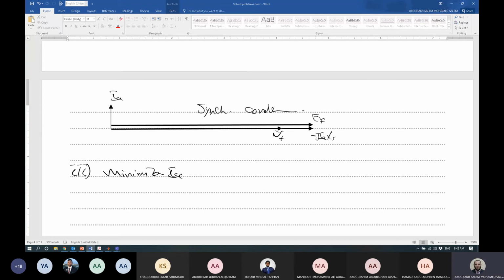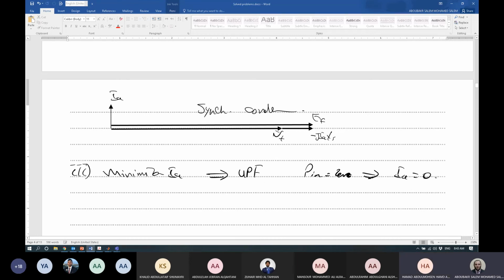We stated before, minimum current will appear at unity power factor. All the time, minimum current will appear at unity power factor. This is for constant power operation. And we already have power input equals 0, which means that in order to have power equals 0 and power factor unity, the current has to be 0. Is it right, guys? Yes, doctor.